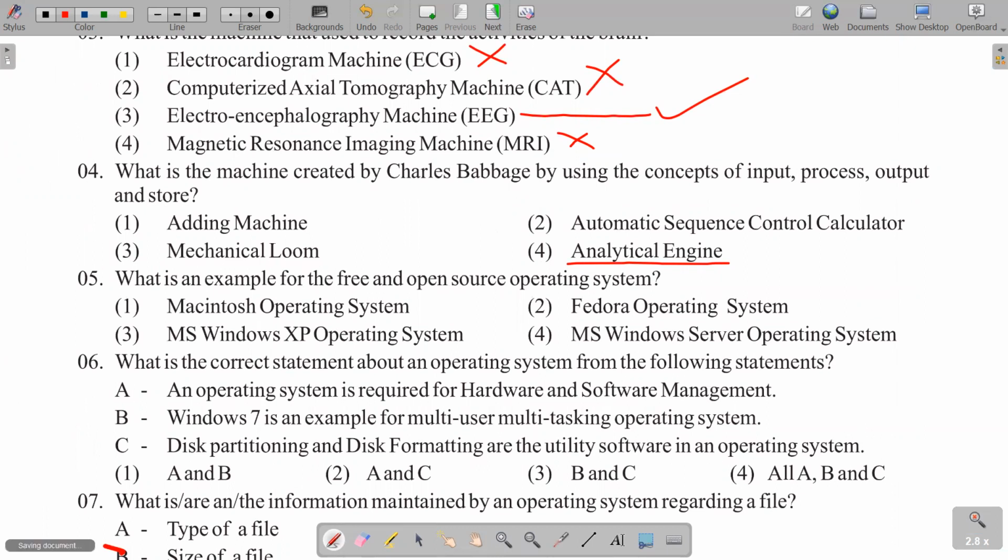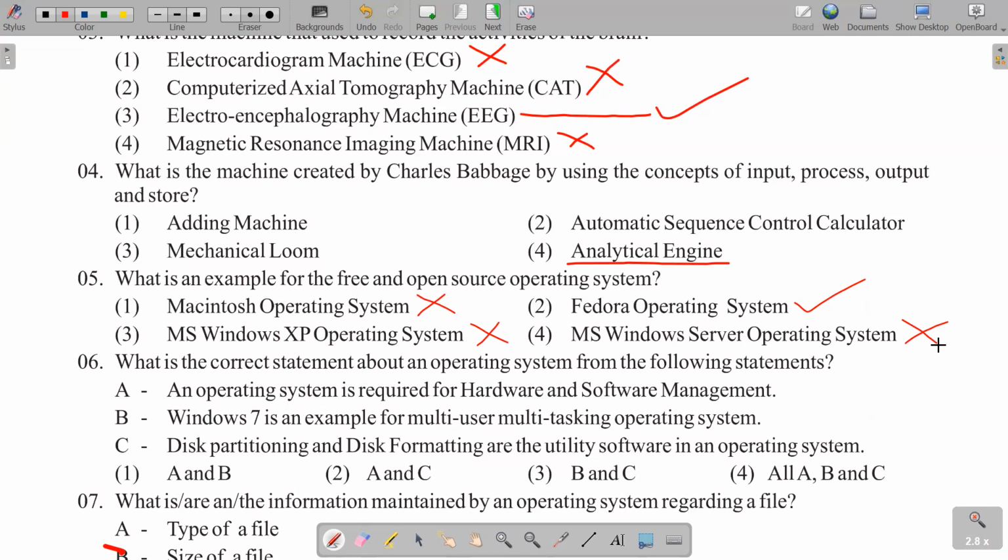In there we talked about licensed software and free and open source software, right? Macintosh is given by the Apple Corporation, so it is not free and open source. Fedora is the correct answer, because MS Windows XP and MS Windows Server are both given by the Microsoft Corporation, so we have to pay for those. So the free and open source one is going to be Fedora.